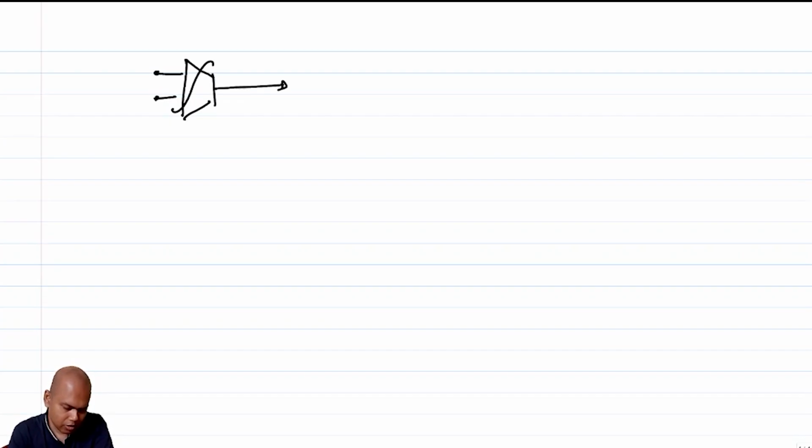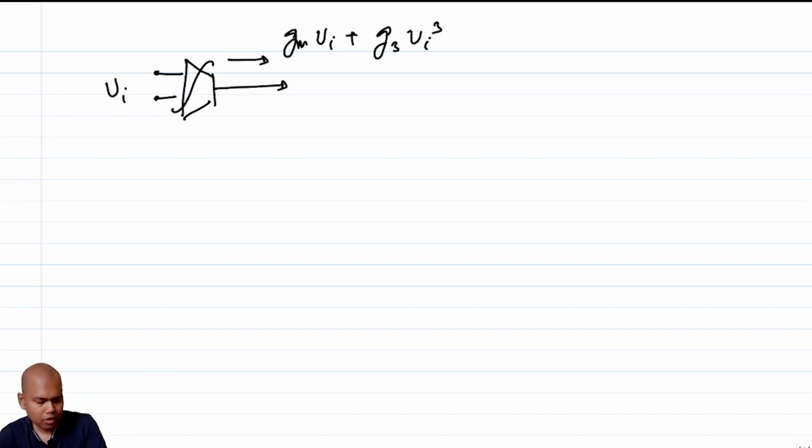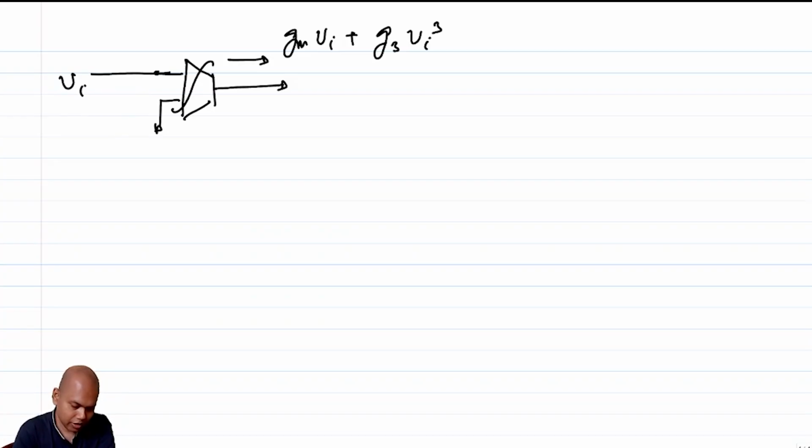If I apply Vi, the current that comes out is GM times Vi plus G3 times Vi cube. Let me only show a single-ended equivalent, so that the representation becomes easier.